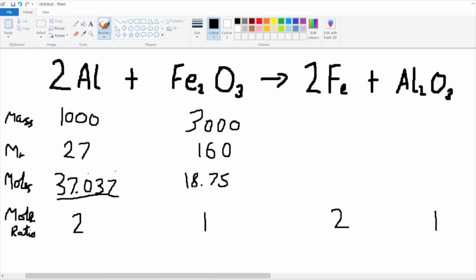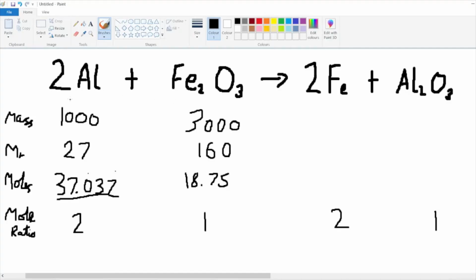So you write a sentence, so say something like, we need 37.5 moles of aluminium to react with 18.75 moles of iron oxide. However, we only have 37.037 recurring moles of aluminium, which is less than what we need.